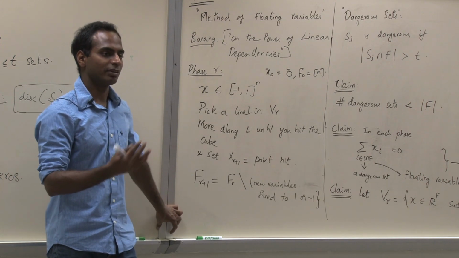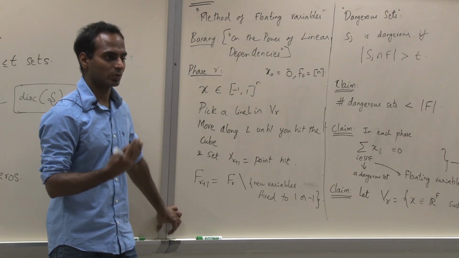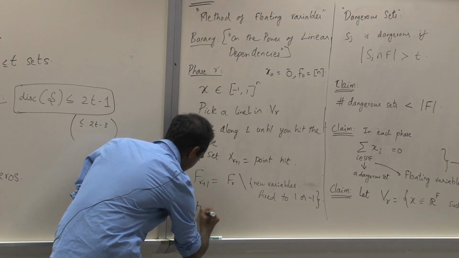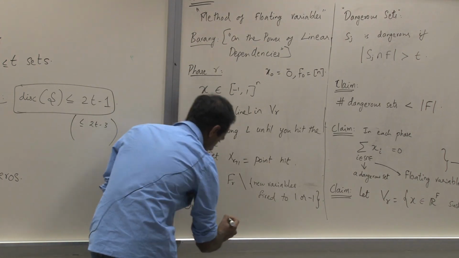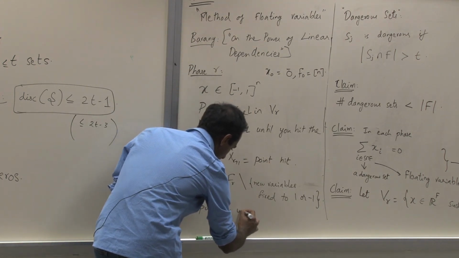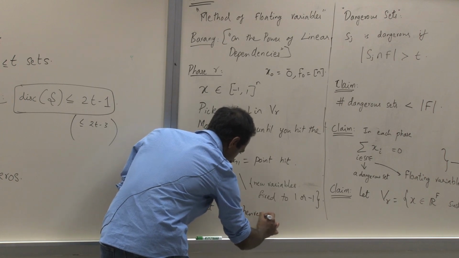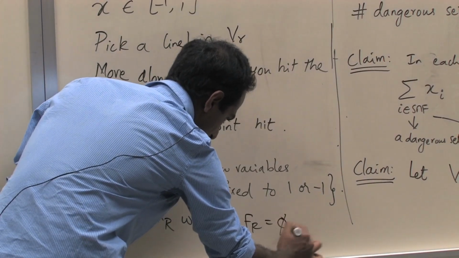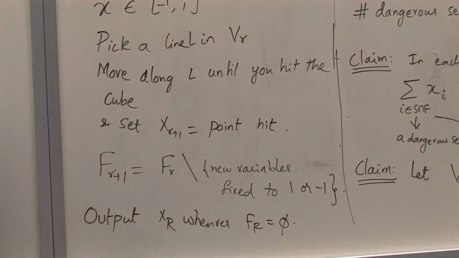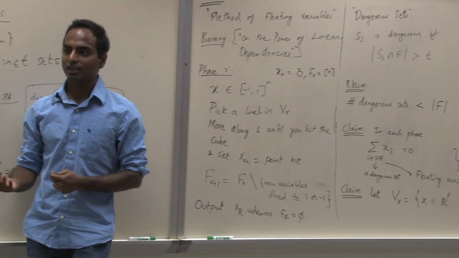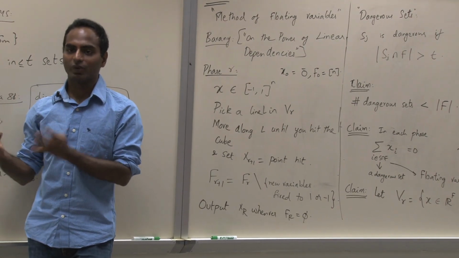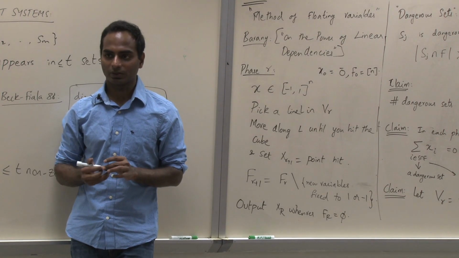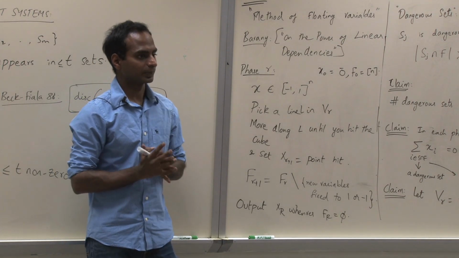Everything has been fixed to 1 or minus 1. So whenever the set of floating variables becomes empty, just output the vector x_r you have. Okay, so that's the algorithm.